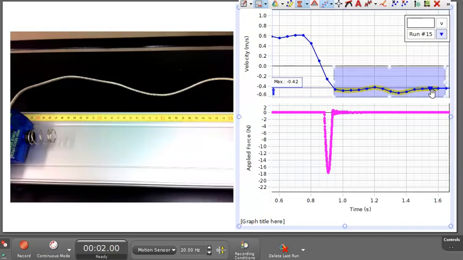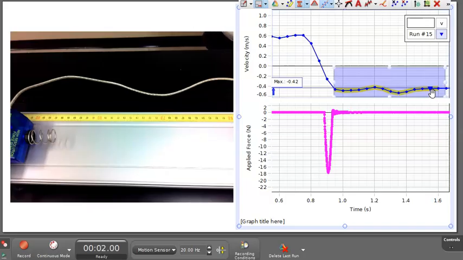So the next question then is, what is the change in momentum? Well, we can take the momentum going in, subtract it from the momentum coming out, and that will allow us to calculate the change in momentum.